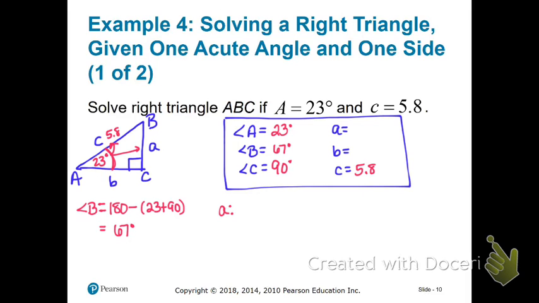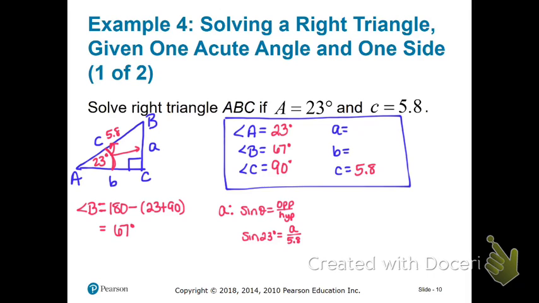What side is that? Hypotenuse. So opposite, hypotenuse. What trig function is that? Sine. So we know sine of our angle is equal to the opposite over hypotenuse. So we could say then that sine of 23 degrees equals opposite, which is side A, over the hypotenuse, which is 5.8.